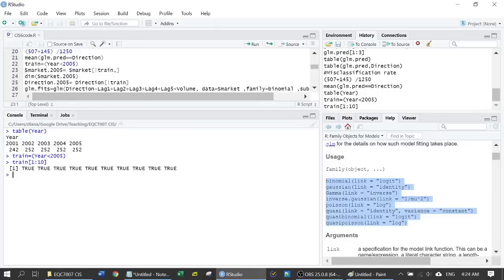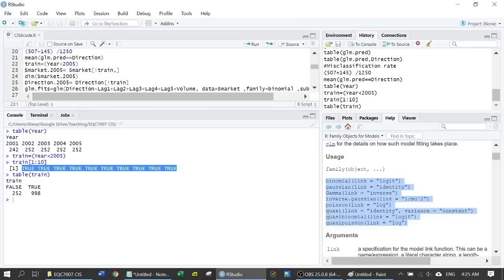If the observation belongs to a year before 2005, it is going to be true. And if you type in table of train here, false is 252, which belongs to the 2005 data, and the rest are true. So train only has a true or false value depending on whether the year is less than 2005.